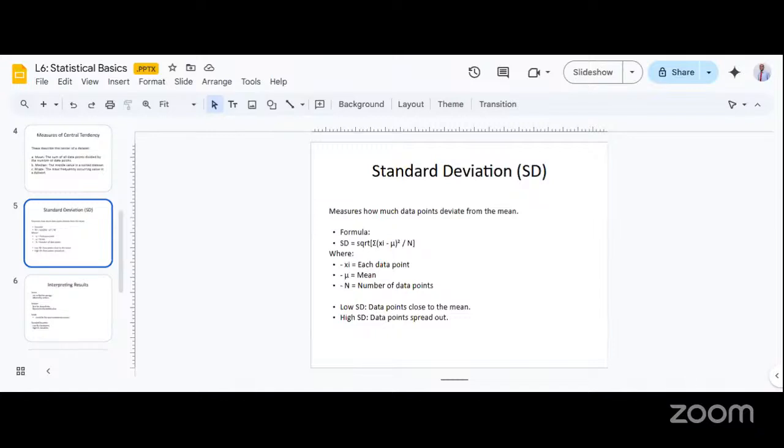But standard deviation is also another statistical concept, also used by data analysts, right? So what this one does is that it measures how much data points deviate from the mean.